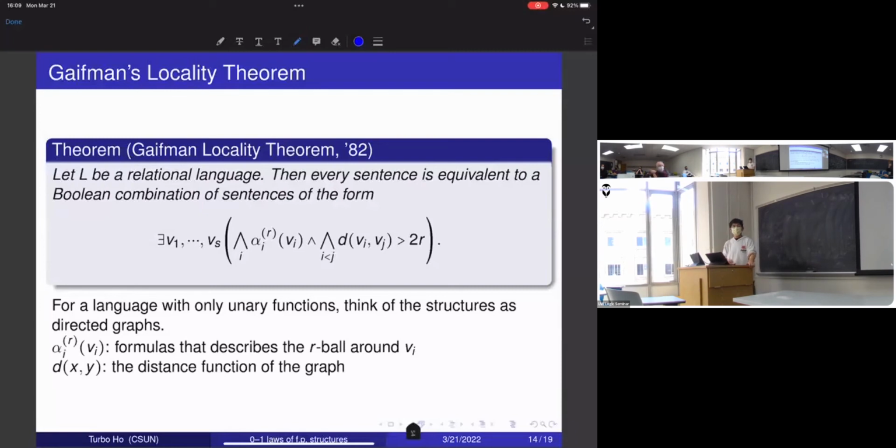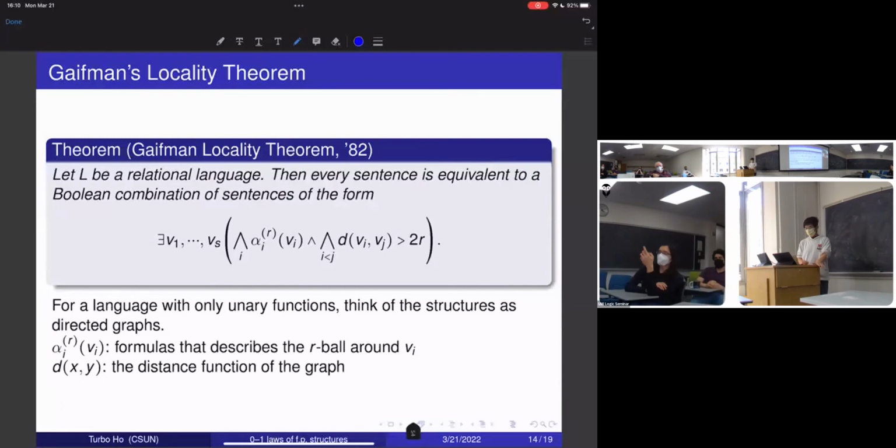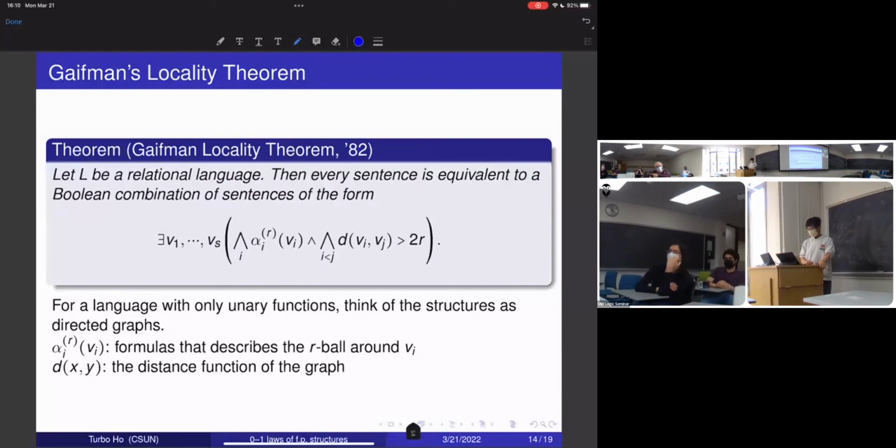Maybe I'm misunderstanding the definition, but this d(v_i, v_j) greater than 2R, isn't that like a universal quantifier? Right, so this part is local, and that part is not. So why is the second part non-local?